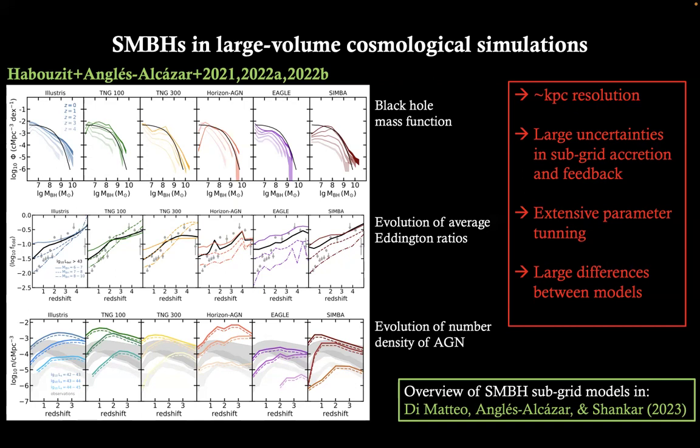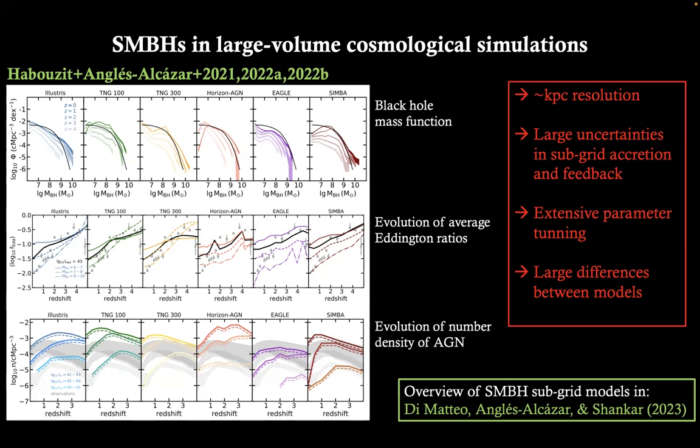You can see here at the top Illustris, TNG, Horizon-AGN, EAGLE, and SIMBA in this case. And here you can see the evolution of the black hole mass function in the top panels, and then the redshift evolution of the average Eddington ratio. That would be the average black hole accretion rate normalized by the Eddington rate. And at the bottom, the evolution in the number density of AGN for different luminosity bins.